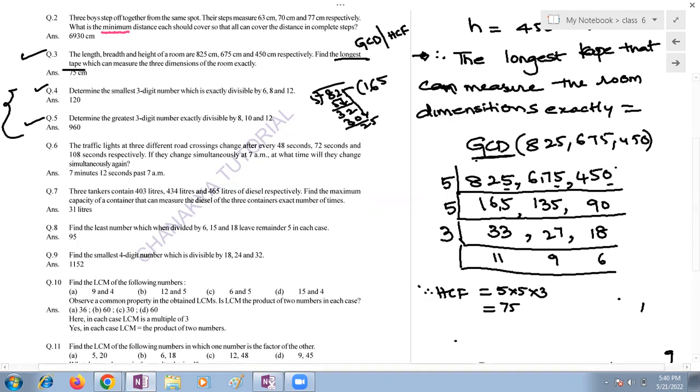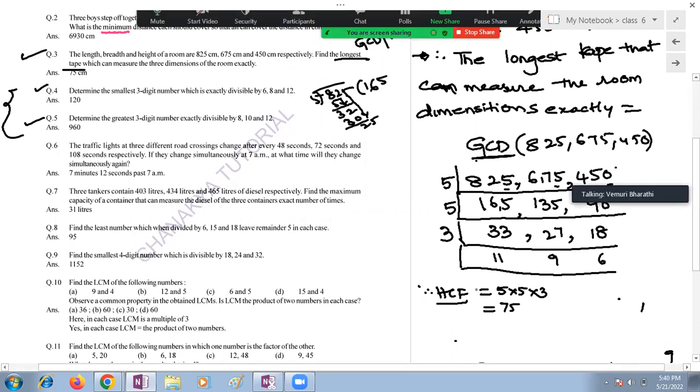Then only we can say it is a common factor. So in HCF that condition is there, and in LCM we can carry on further. You have to remember the definition, children: a factor is nothing but an exact divisor, so exact divisor means all.